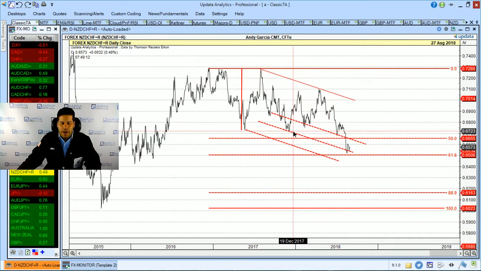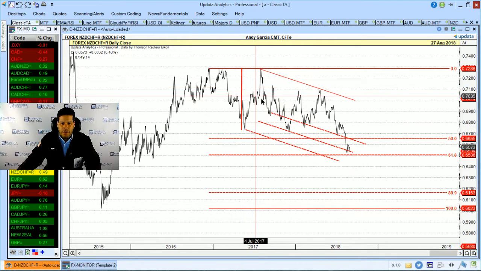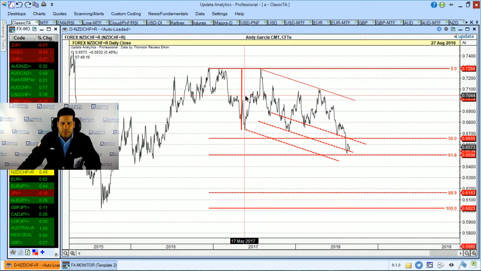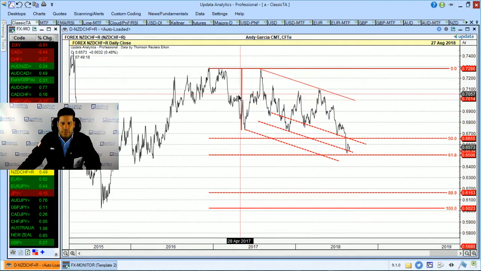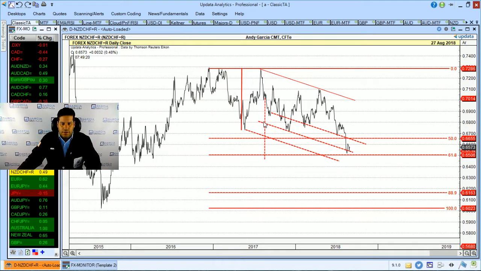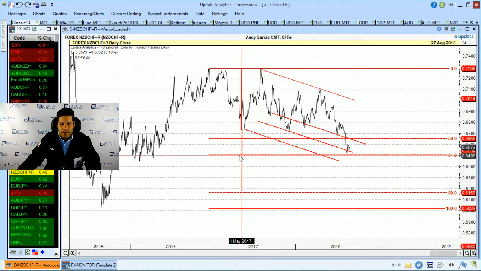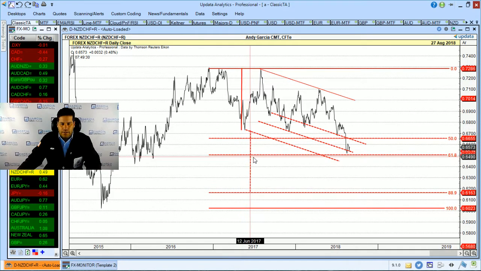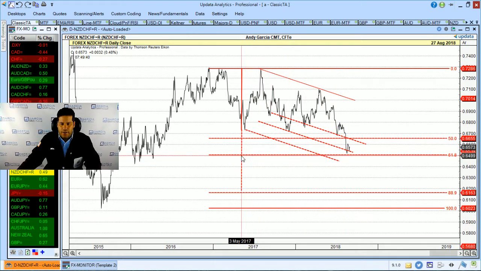And then what I'll do is I'll copy and duplicate it. All I want to do is move this over to the breakdown point, which is over here. And it looks like this is setting up for a push down towards the 88 area.